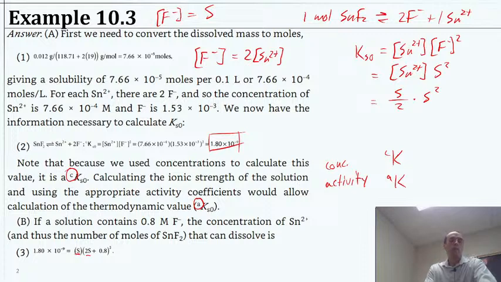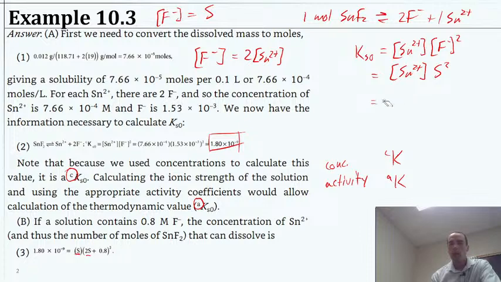There is at least one small mistake here, and I might have more than that. Because what we need for the F minus, when we put that in, has to be the 0.8 plus whatever dissolves. So I'm doing something a little bit off here, and I encourage you to find my mistake and correct me.